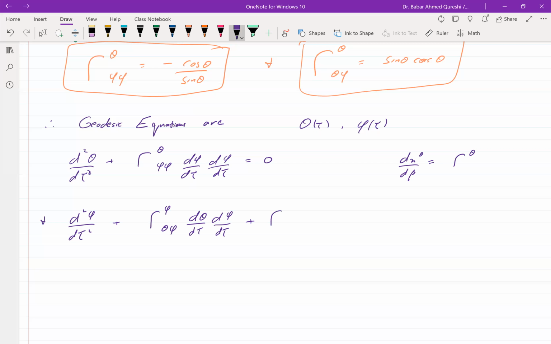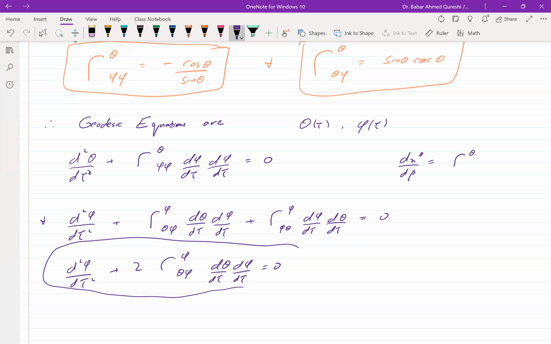But then I have the other term as well, phi theta. Because the connection coefficients are symmetric and the other term is also symmetric, this is just 2 gamma phi theta phi, d theta over d tau, d phi over d tau. This is the second one. This is the first one.